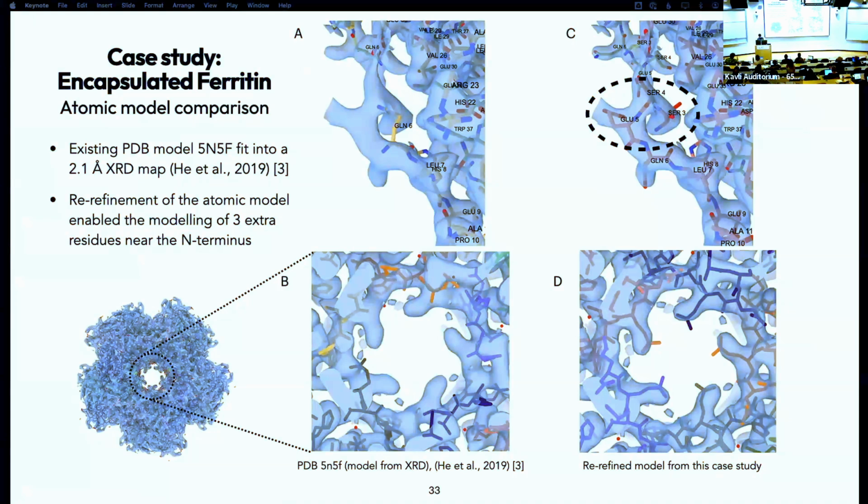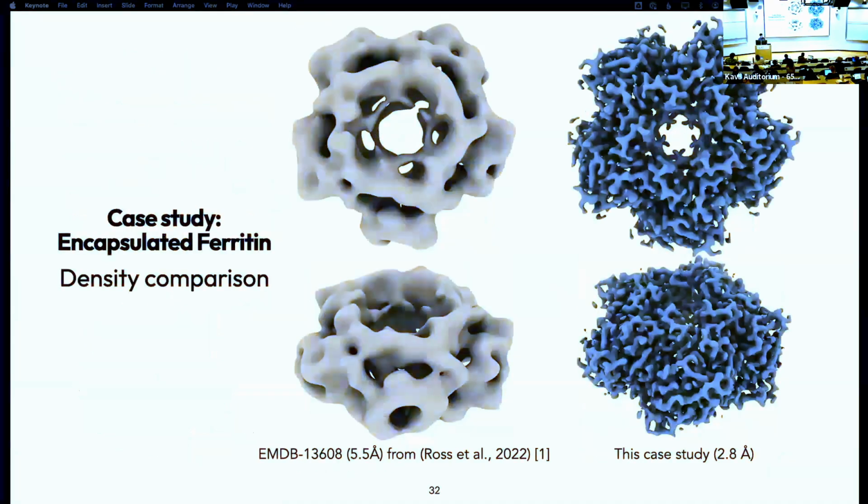Yeah, so what we were able to do was re-refine the sequence into our density map, and then we got the atomic models shown in panels C and D. We were able to find these extra residues, but we weren't really sure whether they were biologically relevant or anything like that. Originally, this gray map here was from the cryo-EM density, the same data.